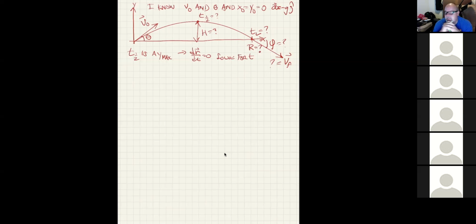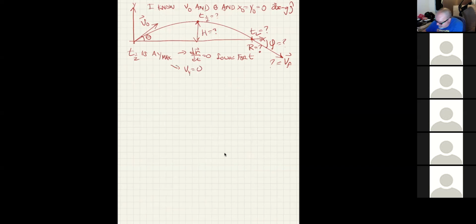Or we could think physically that what's going on here is I have an initial velocity vector v0 which has an x component v0 cosine theta and a y component v0 sine theta. But each second that passes, v0 sine theta is going to decrease by 9.8 meters per second every second. So what you realize is the object reaches its max height when the y component of velocity is 0. So another way we could do it is we could say v sub y equals 0.